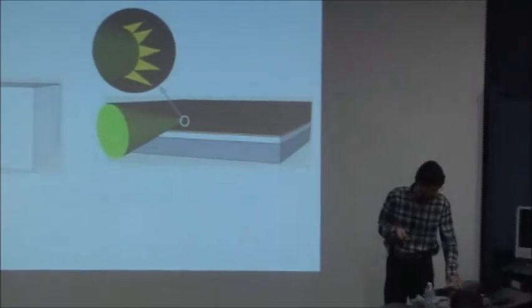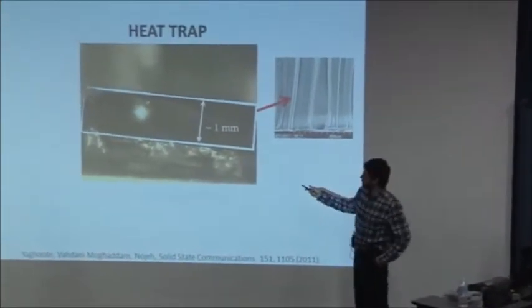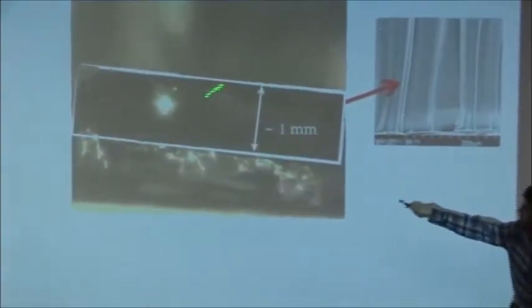And you could actually see it. It's quite visually interesting, actually. This is an actual photo where you have the silicon chip. This is the nanotube forest. This is the sidewall of the forest, the nanotubes like this. What I'm showing here is the laser light filtered out. So you don't see the laser light. What you're seeing is a spot approximately the size of the laser light, which is glowing because of its high temperature.